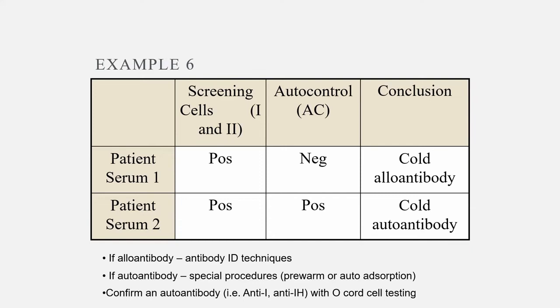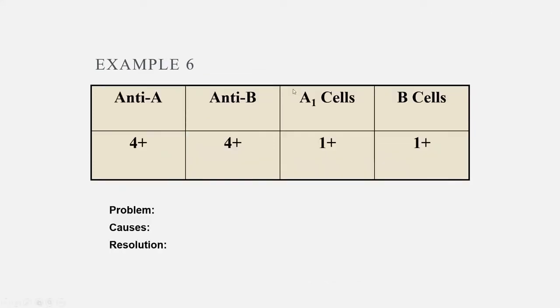For the A1 cells and the B cells, it's a bunch of different A1 donors and a bunch of different B donors pooled together. So if you do have a cold alloantibody, like anti-M, you're going to get positive reactions like this, because there are some donors in there that are positive for M.